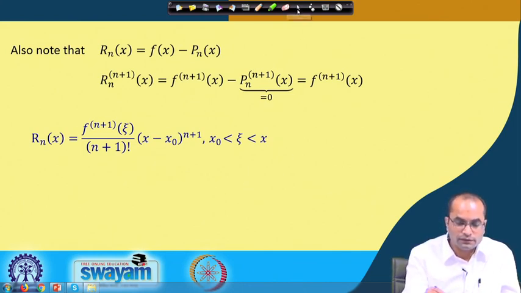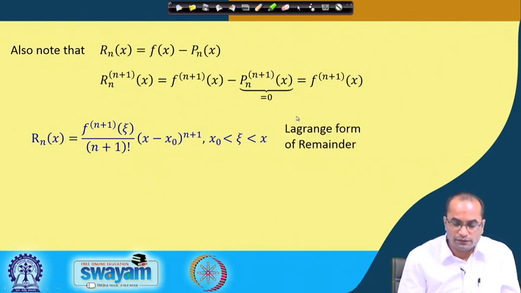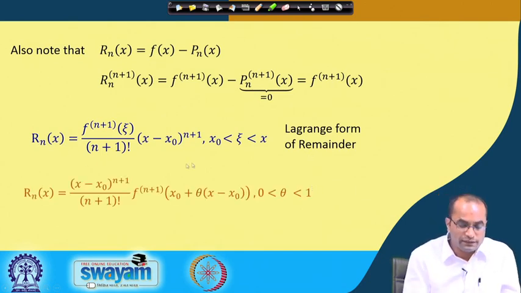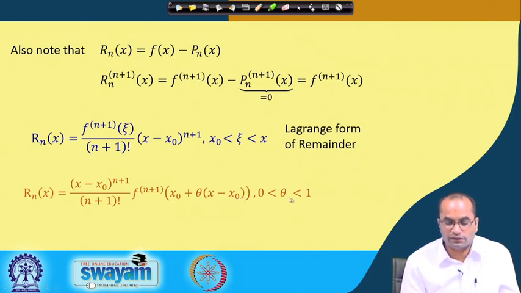Now we got the remainder term, the R_n(x), which is the Lagrange form of the remainder. This term we can also rewrite in this form. So, this xi which appeared there, we have just replaced by x_0 plus theta times (x minus x_0). The theta lies from 0 to 1.